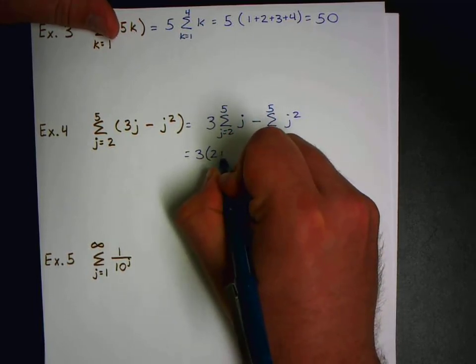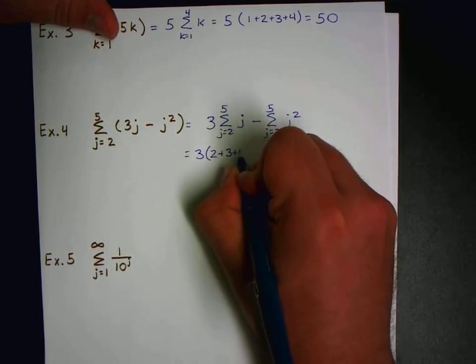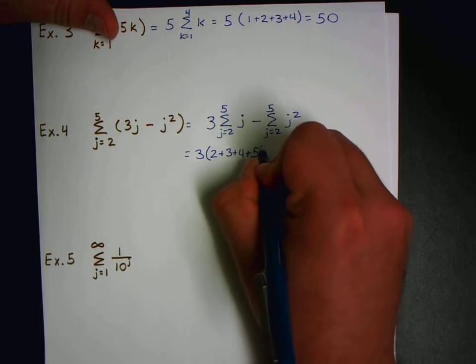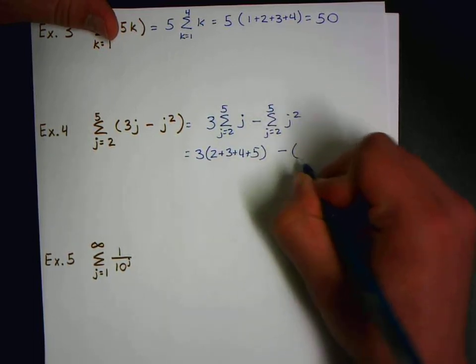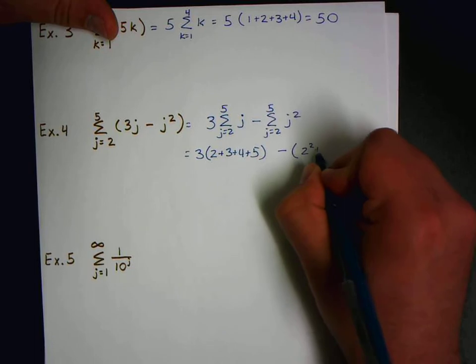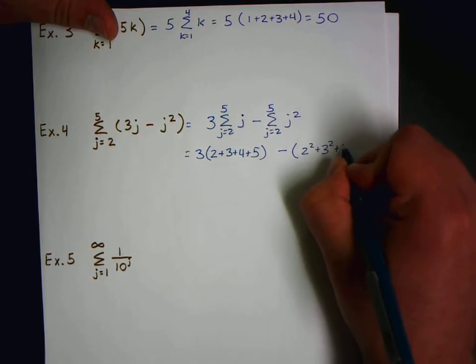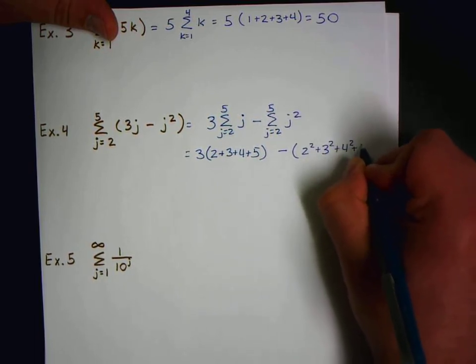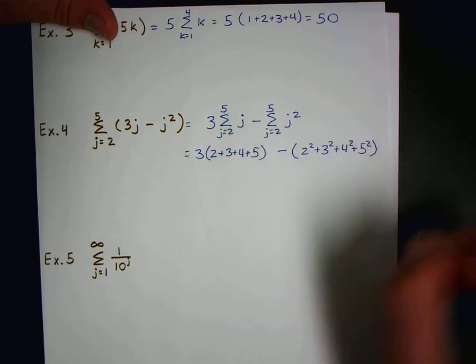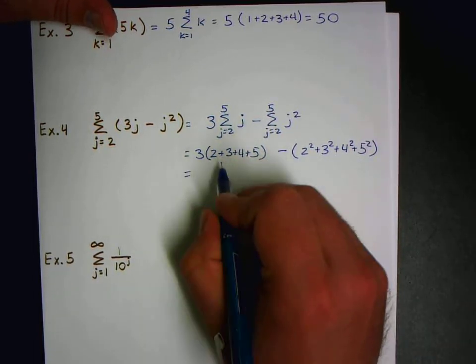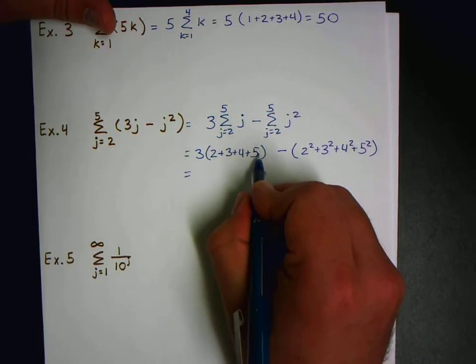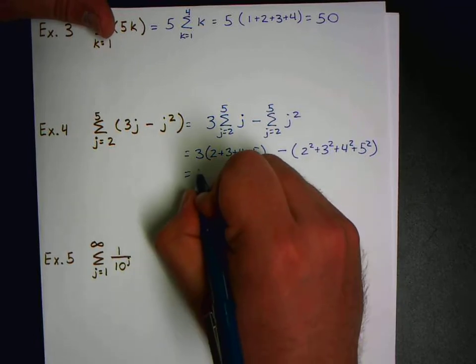So here I just need to take 2 plus 3 plus 4 plus 5. Here I need to take 2 squared plus 3 squared plus 4 squared plus 5 squared. So that's 5 plus 5 is 10 plus 4, that's 14.